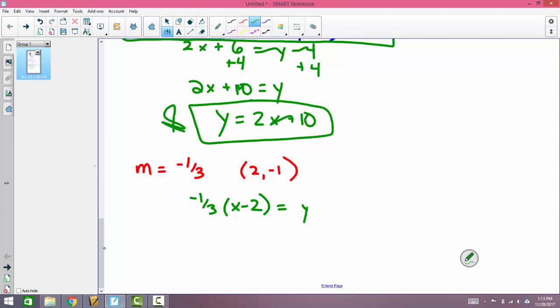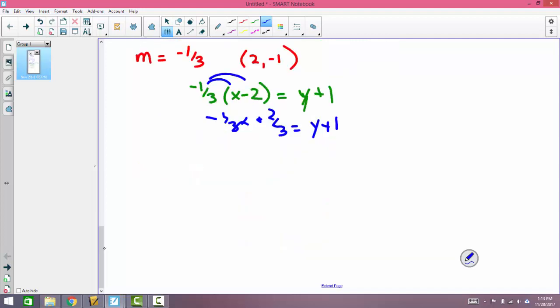Now, go ahead and see if you can put that in y equals mx plus b. So when you're simplifying this, instead of 1, you should write this as 3/3.